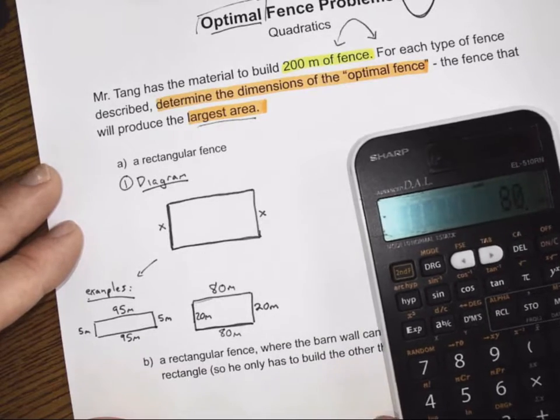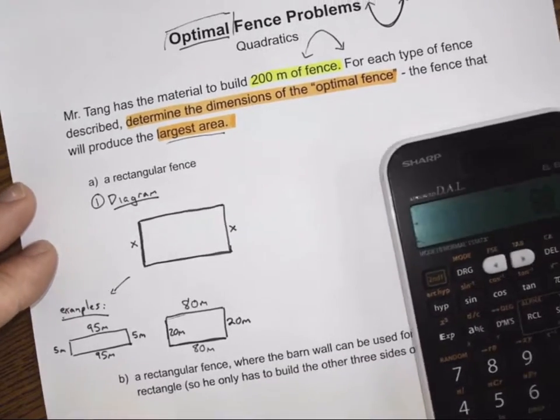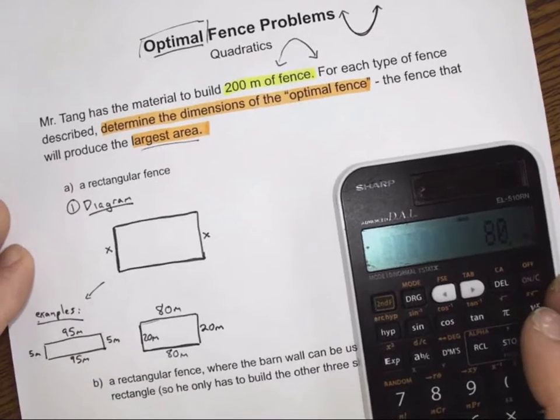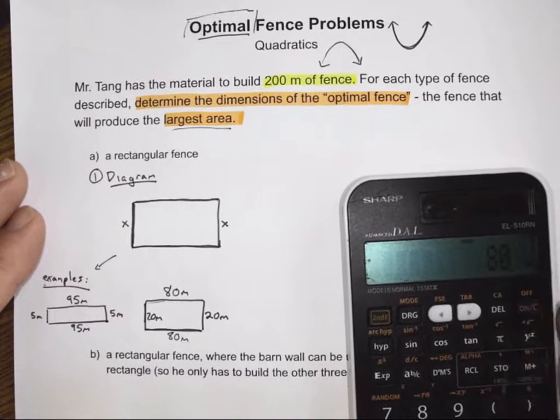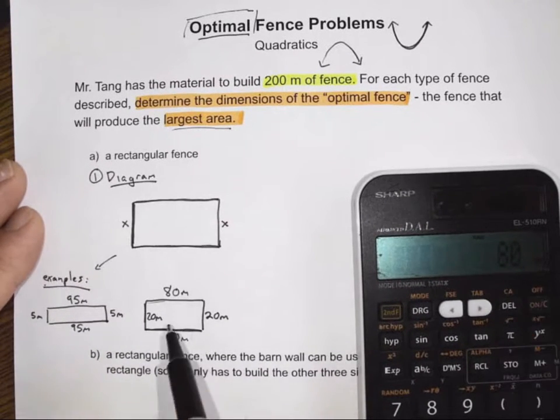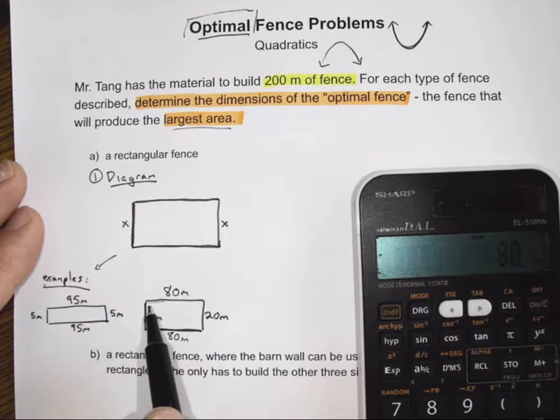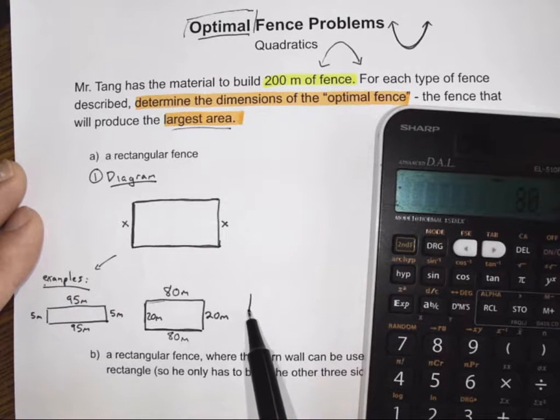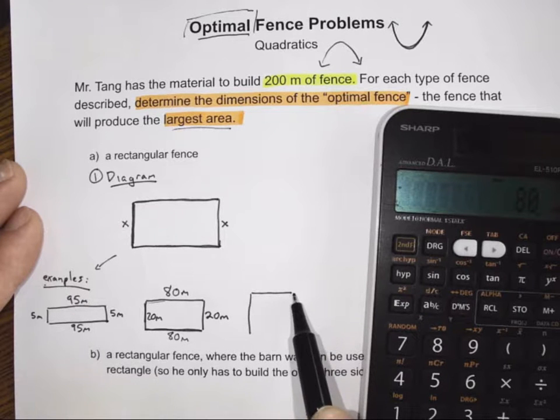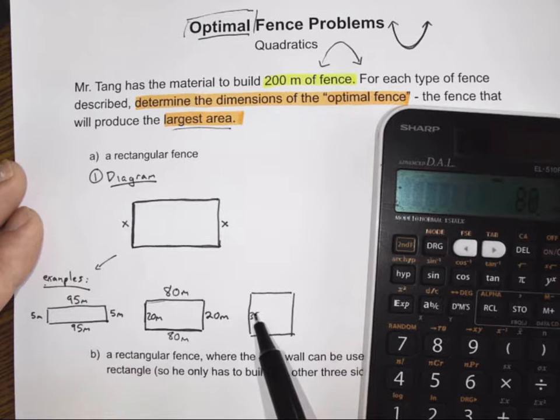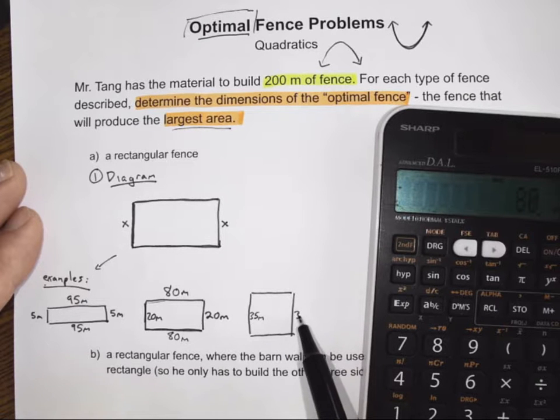I might do one more just to make sure I really understand the relationship between the length of my sides. If I choose side lengths here, what does that make these side lengths here? So I'll do one more, and maybe I'll choose something a little odd. I'll choose 35 meters, and 35 meters.